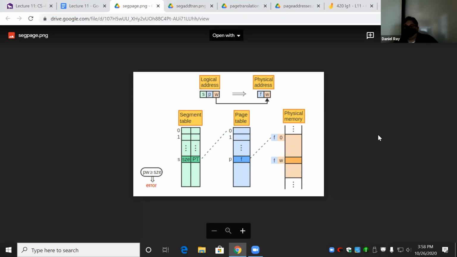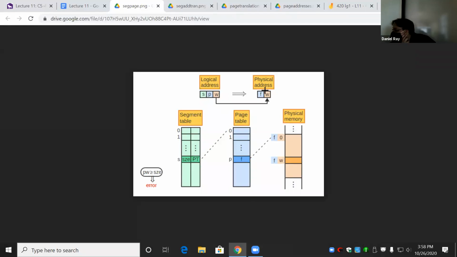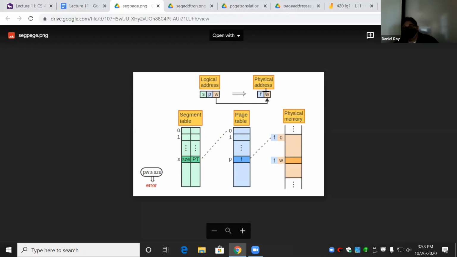How many times, when do I have to do this translation? When do I have to do this translation? Every time. Every time I try to access a memory location, okay, I need to do this translation. That's going to happen quite a lot, right? Every time I try to access memory, I have to do that translation. Happens quite a lot.